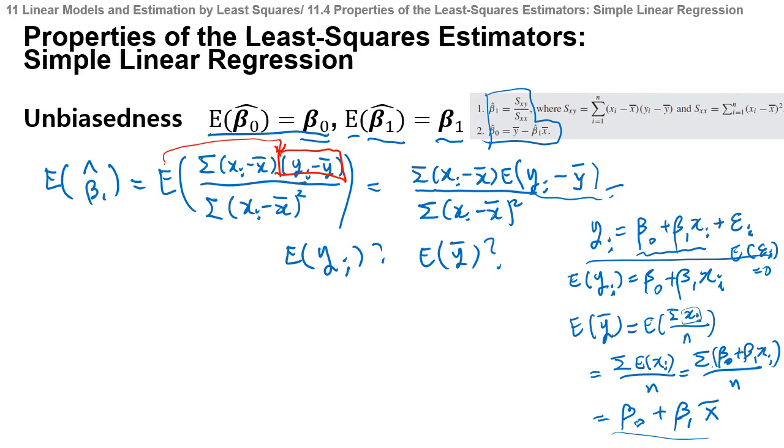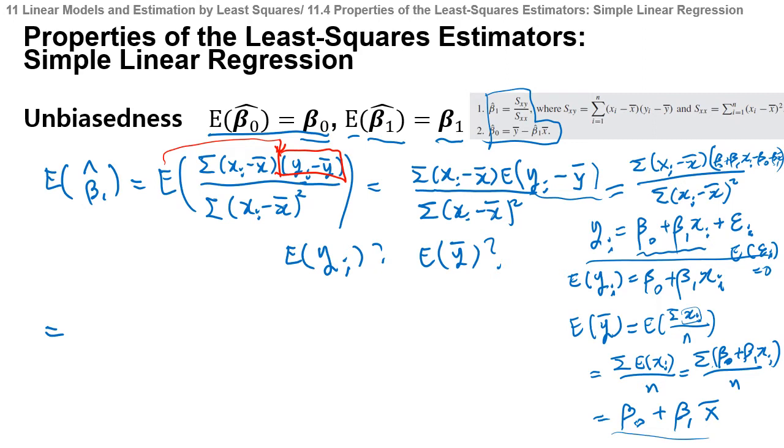So let's put this here. From here the result is 1 over the sum of xi minus x bar squared, times the sum of xi minus x bar, times the expected value of yi, which is beta 0 plus beta 1 xi, minus the expected value of y bar, which is beta 0 plus beta 1 x bar.